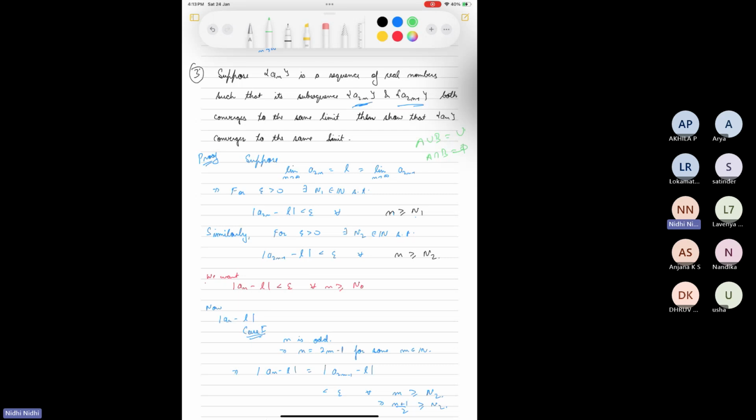Mutually exclusive. So can you see something similar over here? These two subsequences are also adding up eventually to give the main sequence, and both are completely distinct. And that is why, since both of them were converging to the same limit, eventually the whole sequence is converging to the same limit. That's the main idea.